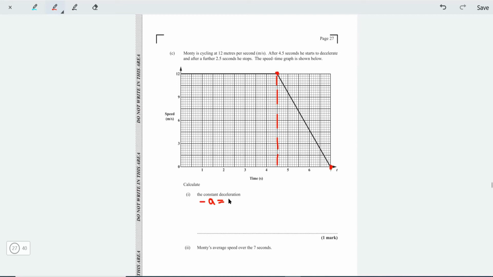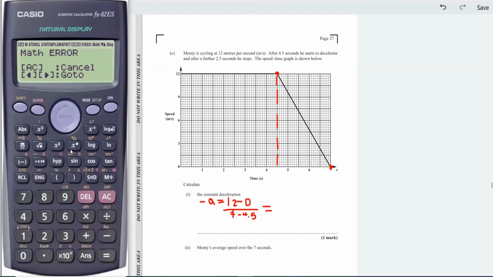So it's 12 minus y1. The y value right here is now 0, divided by x2, which is this value right here, 7, minus x1, 4.5. I'm just going to plug it straight into the calculator. We get 12 over 7 minus 4.5.